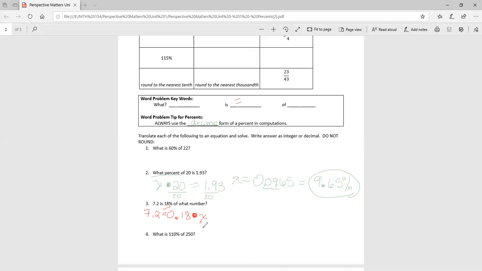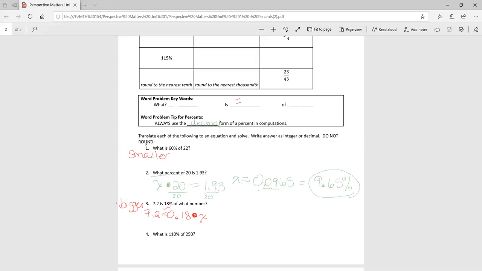Am I looking for a bigger number or a smaller number here to make sure I've set it up correctly? If I'm looking for 18% being 7.2, then I'm looking for the big number. So when I'm working these out, I kind of like to think I'm looking for a bigger number here. Over here, it was what, 60% of 22? So I was looking for a smaller number.